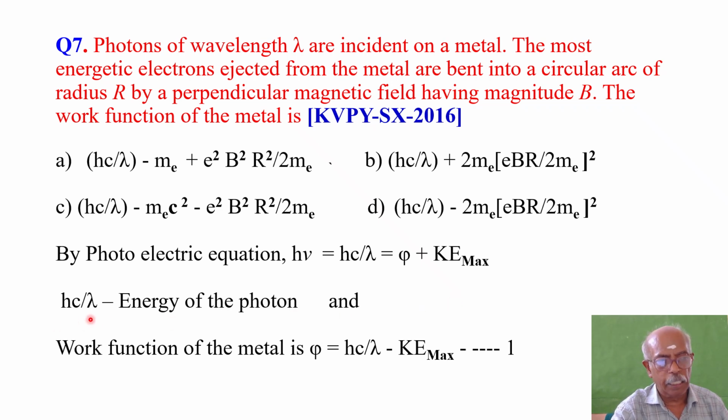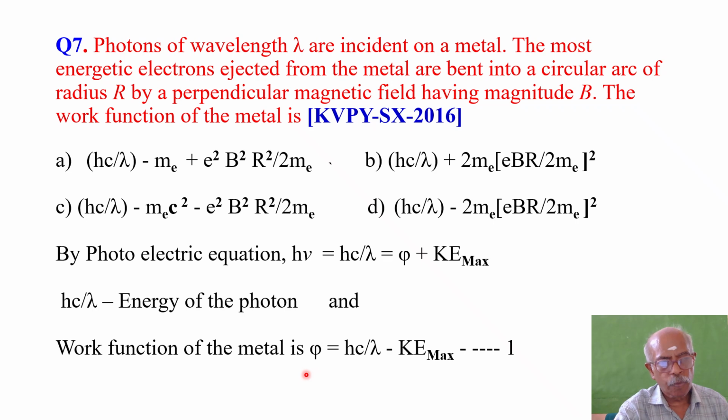So keep phi on one side and KE max on the other side: phi is equal to hc by lambda minus KE max. Remember, this is the work function of the metal. In all the options, hc by lambda and the minus sign are present. Let us find the solution.